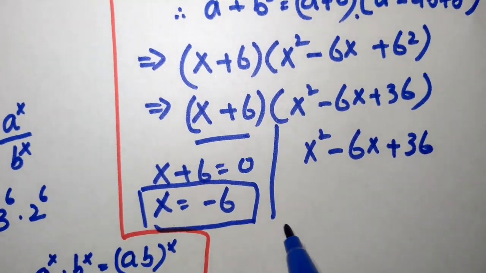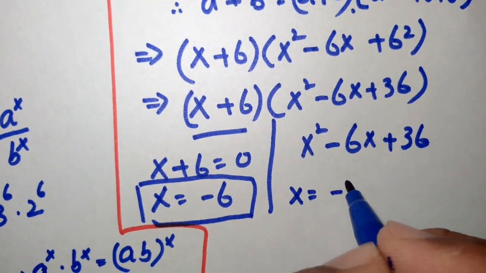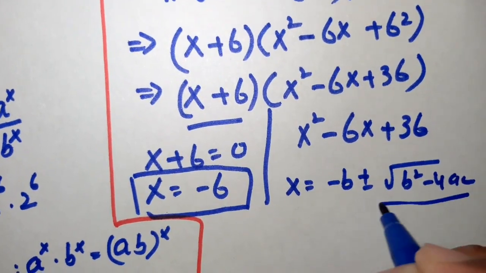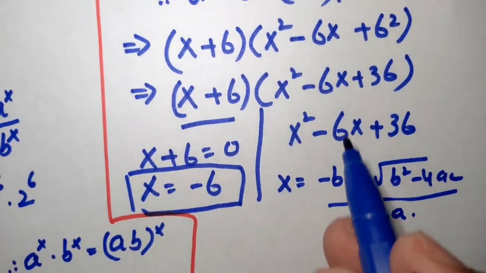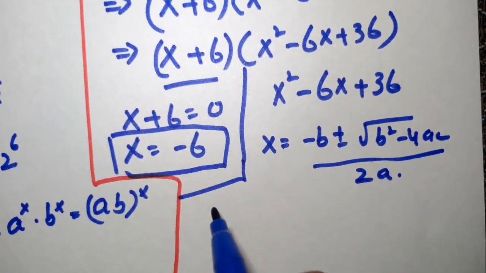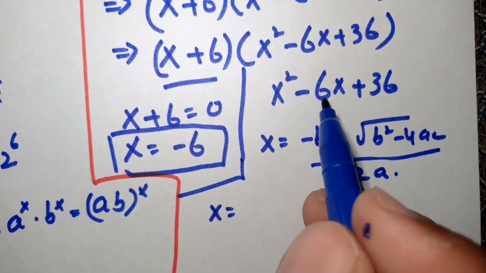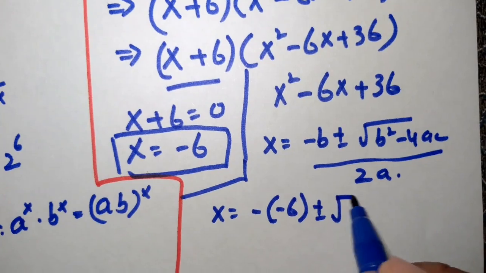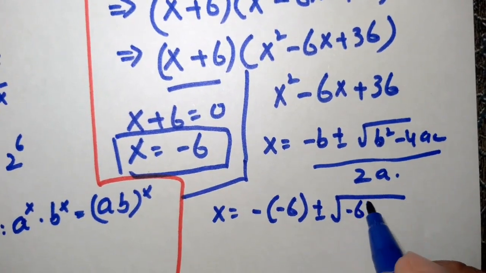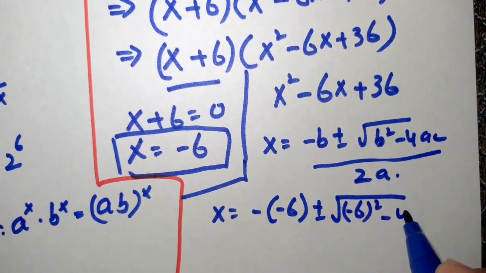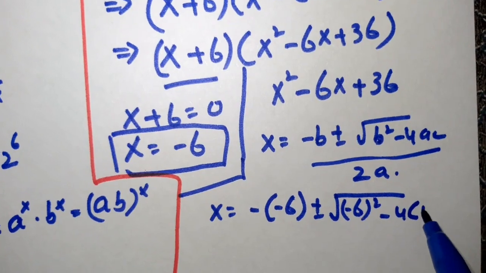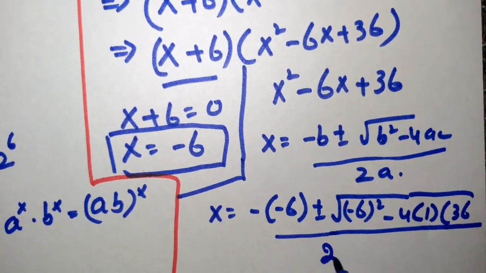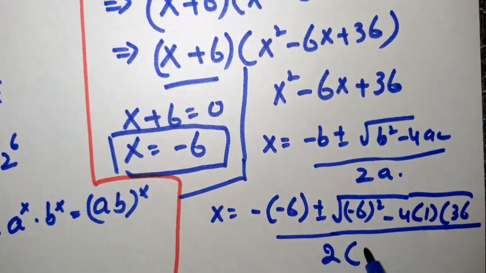We have to apply the quadratic formula here, that is x is equal to (−b ± √(b^2 − 4ac)) / 2a. So x is equal to minus b, where b is minus 6, so minus into minus 6, plus minus the square root of 6 square minus 4, where a is 1 and c is 36, over 2a, where a is equal to 1.